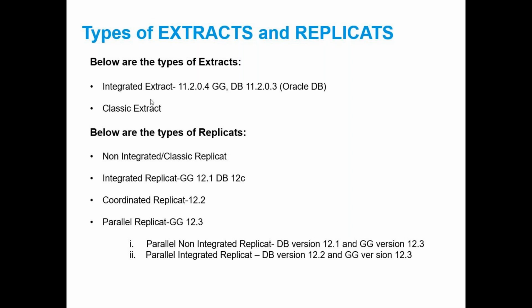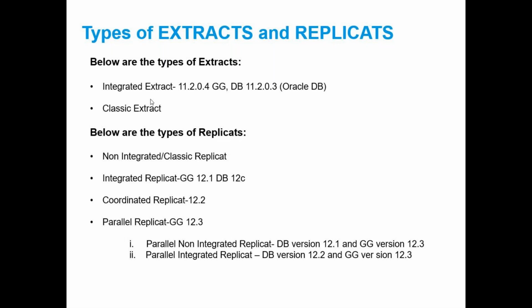Now, so two types of extract, integrated and classic. Now different types of replicats are there. There are four types of replicats now. Non-integrated or classic replicat, integrated replicat, coordinated replicat and parallel replicat. These are the four types of replicats which are available in the Oracle GoldenGate environment.